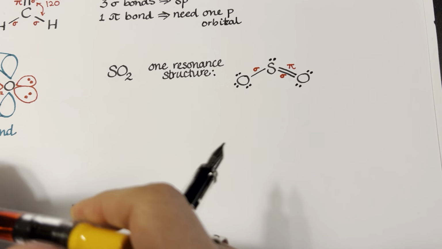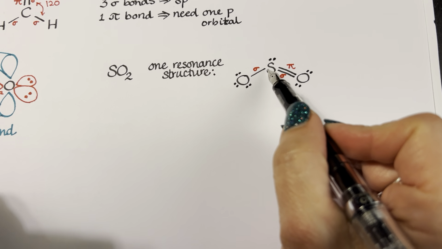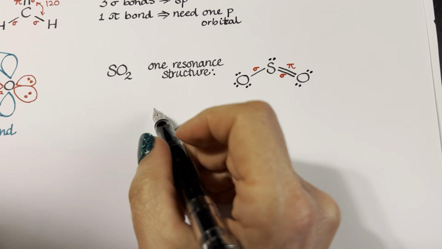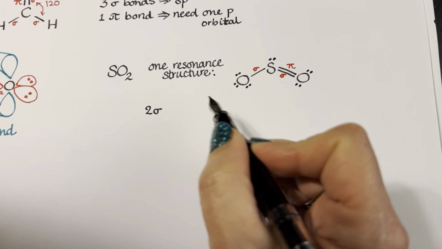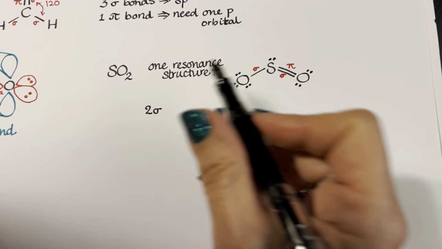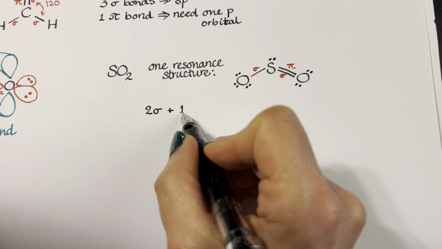From the central atom, the sulfur's point of view, it's got 2 sigma bonds, one on each side, and one lone pair.